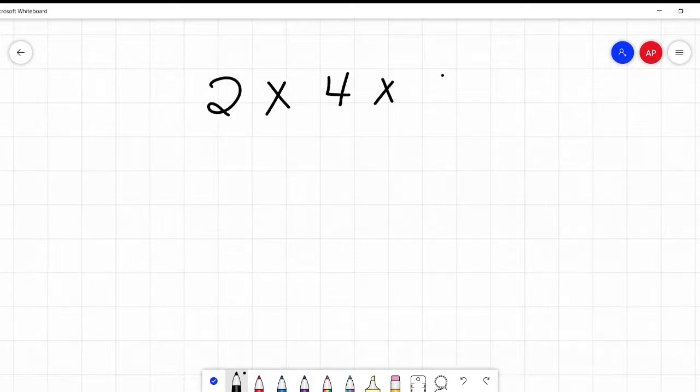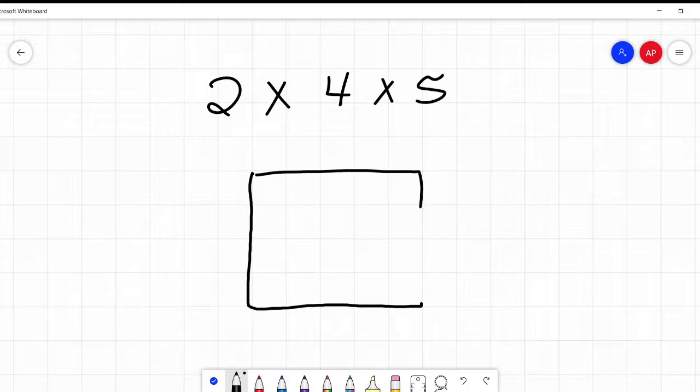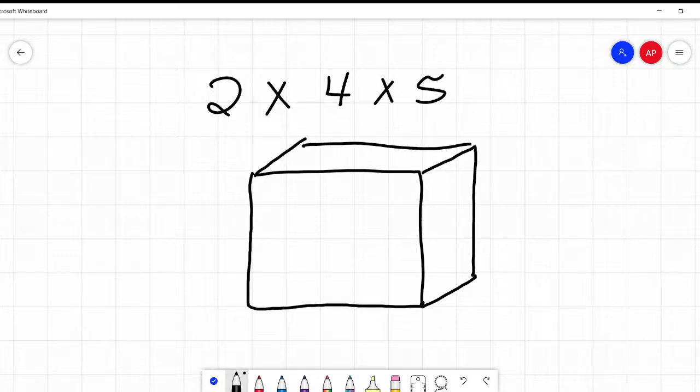Well, what about if it is what we were talking about before, something like 2 times 4 times 5? Well, that we can think of three-dimensionally. So let's say 1, 2, 3, 4, 1, 2, 3, 4, 5. I'm trying to make this reasonably neat, and I bobble it at the finish.